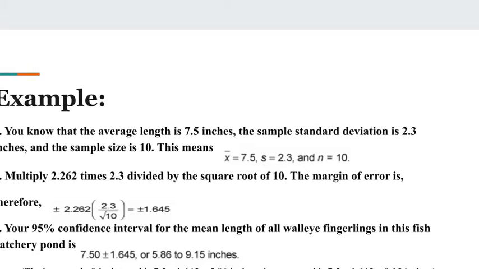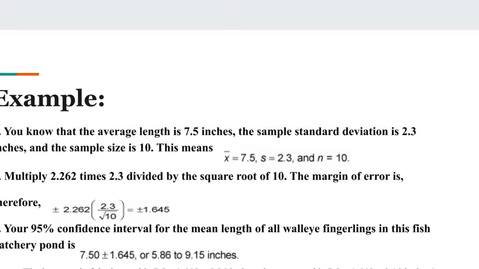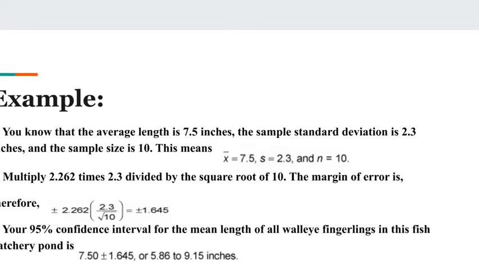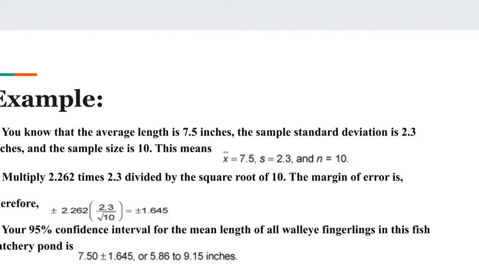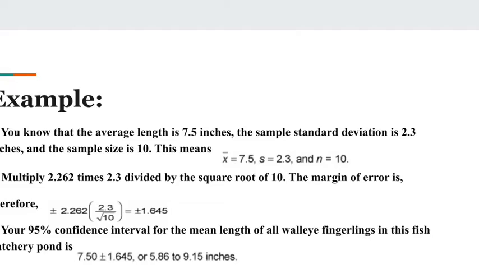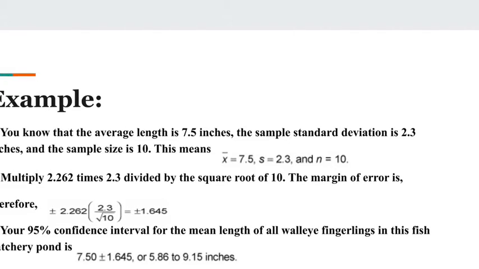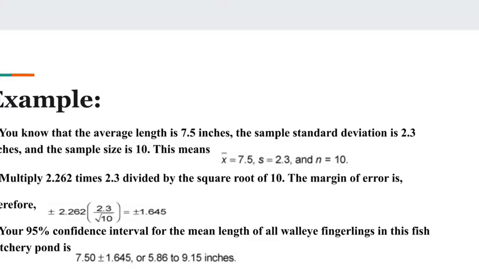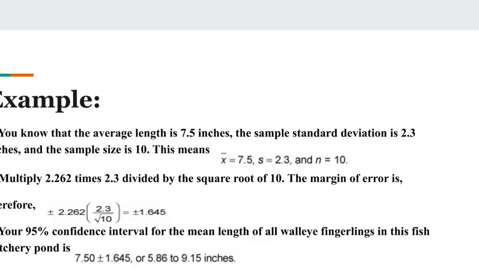The margin of error is therefore the formula below. Number 4. Your 95% confidence interval for the mean length of the walleye fingerlings in this fish hatchery pond is 5.86 to 9.15 inches.